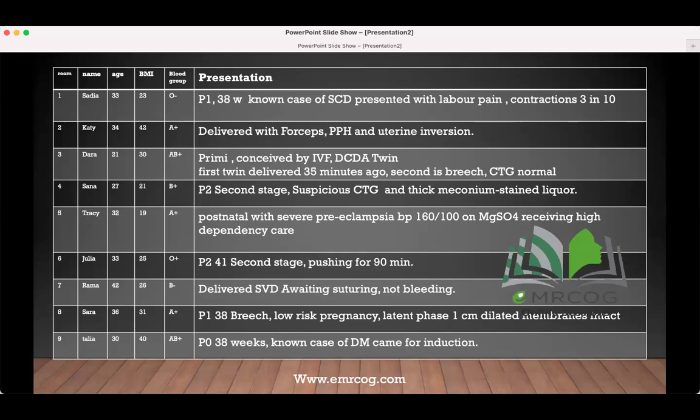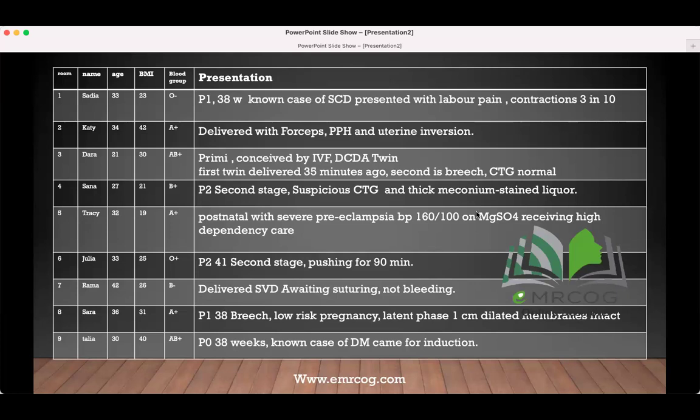And also I will do an ultrasound to confirm the location of the placenta and the position of the baby, to see whether it's flexed or extended. Then continuous monitoring of the CTG is there. And I will also do a pelvic examination to confirm the cervical dilatation, effacement, and position of the membrane. And we will counsel the patient regarding the pros and cons of breech delivery versus cesarean section.